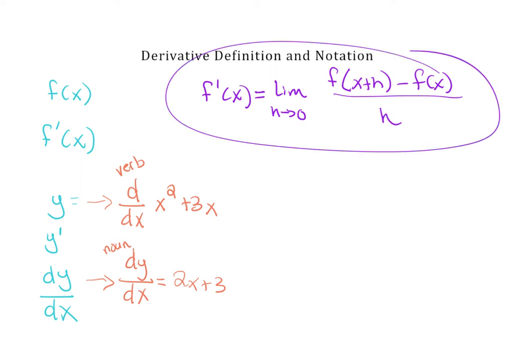That right there is the definition of a derivative. Throughout this unit, we're going to learn and memorize all these different shortcuts and properties of how to take derivatives quickly. But lucky you, in this lesson, we're going to use the fun definition to find our derivatives.